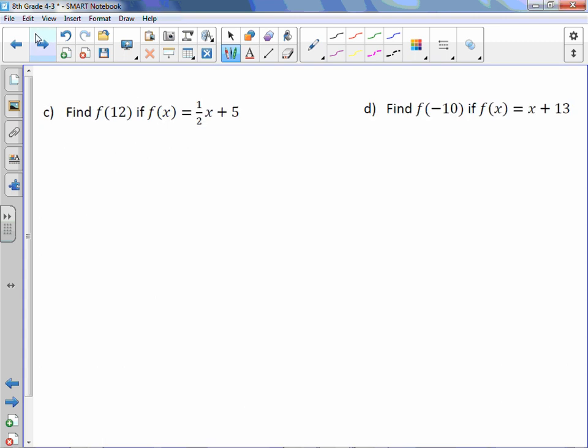Letter C. Find f of 12 if f of x equals 1/2 x plus 5. So I'm finding f of 12. So I'm plugging in 12 where the x is and bring down everything else. 1/2 times 12 is 6. Bring down the plus 5. And 6 plus 5 is 11.